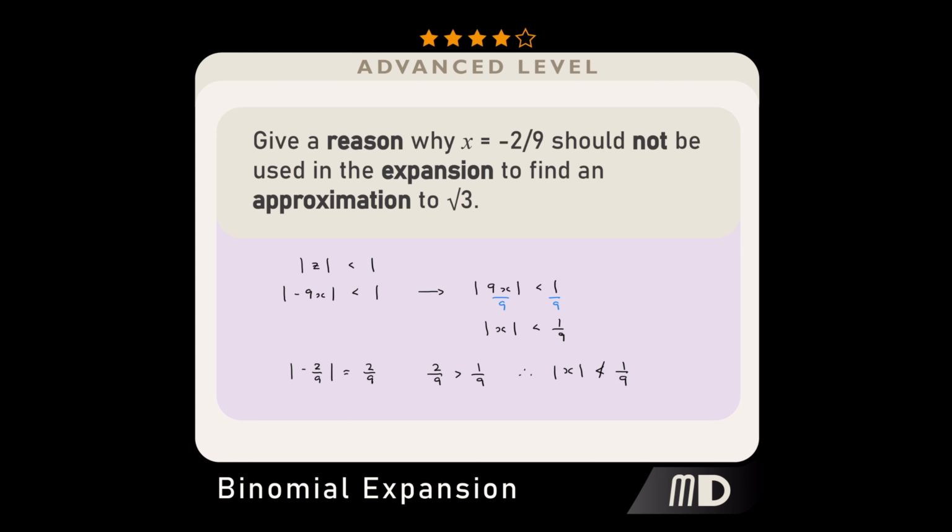Since 2/9 is outside the interval of convergence, the expansion will fail to provide an accurate approximation. So minus 2/9 should not be used in the expansion to find an approximation to root 3, because 2/9 is outside the interval of convergence.